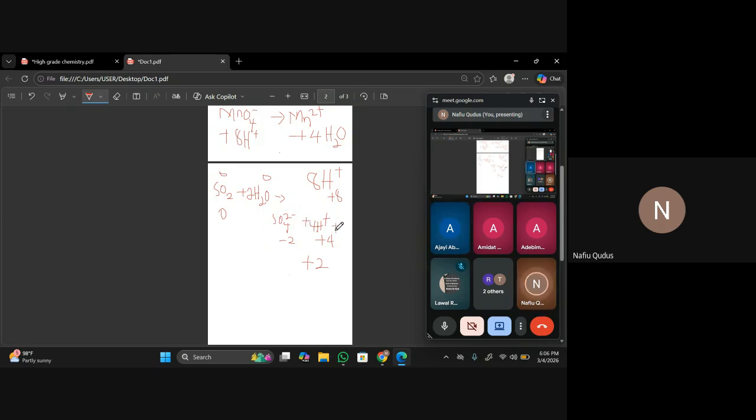to this side, if you add 2E minus, let me rewrite it so that it will be clear. SO4 2 minus plus 4H plus.